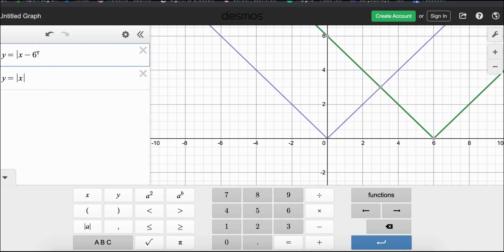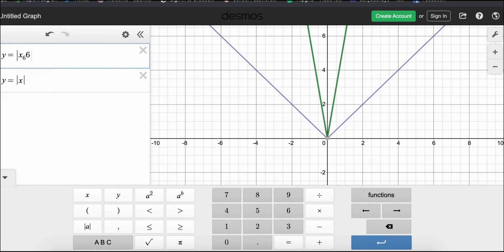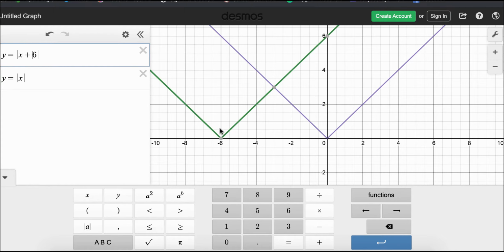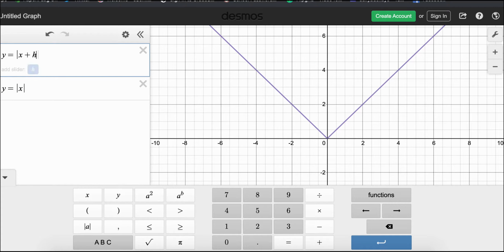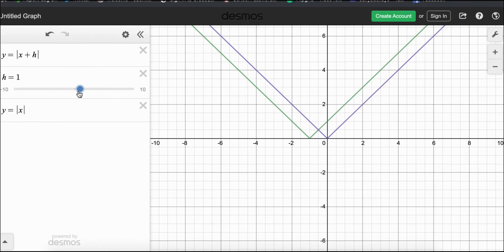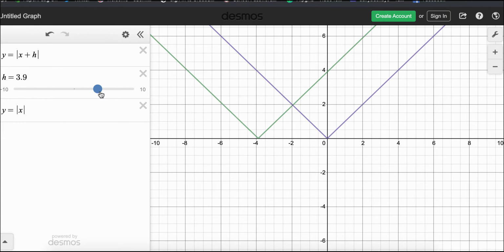Okay, let's say I add 6. It moves it to the left. So no matter what I'm doing here, it's doing the opposite, right? It's definitely doing the opposite. Here's our slider. I'm adding 4.